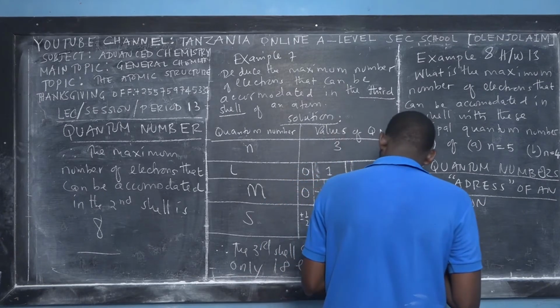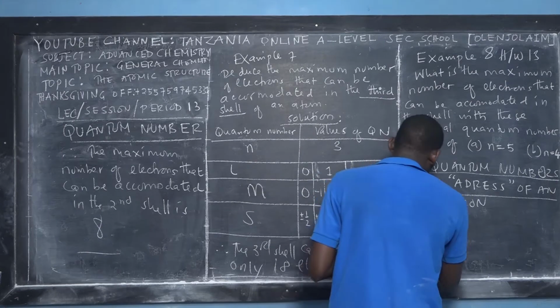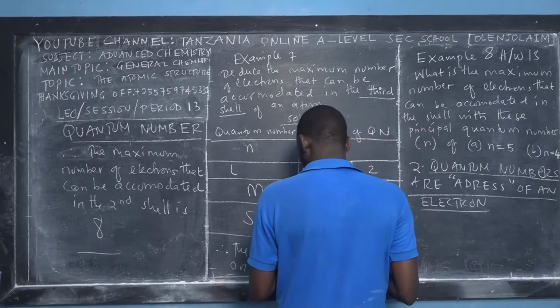This is an address of an electron. What does it mean?